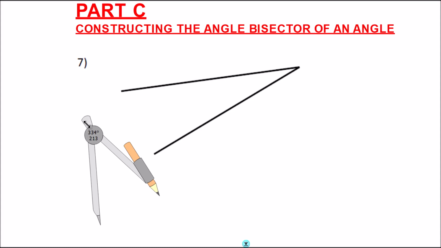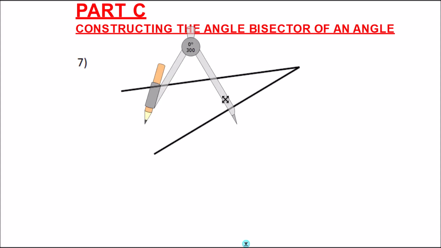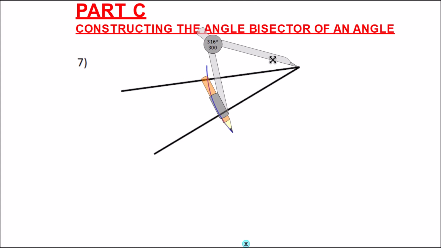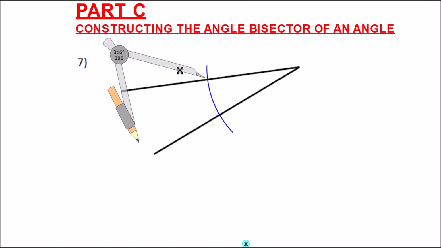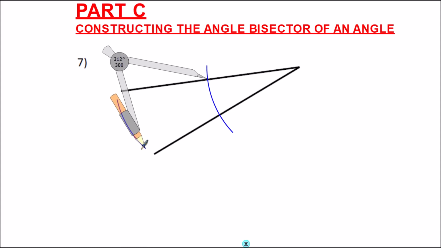Question 7, again the same idea. Whoops, compass has disappeared. So put the compass needle at one end of the line here, cut the curve in both places, move the compass needle to one end of the line here, where it's cut, and do a big semicircular curve in between the lines.